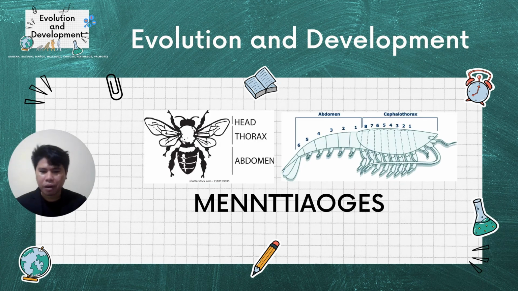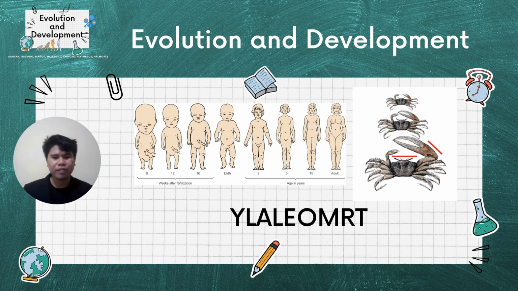For the next part, we have what looks like a crustacean and a bee with its head, thorax, and abdomen. Very simple or familiar word. And for the last part, we have here what looks like a human development with different body parts having significant changes. Same goes with the crab, its pincer and antenna having significant changes.